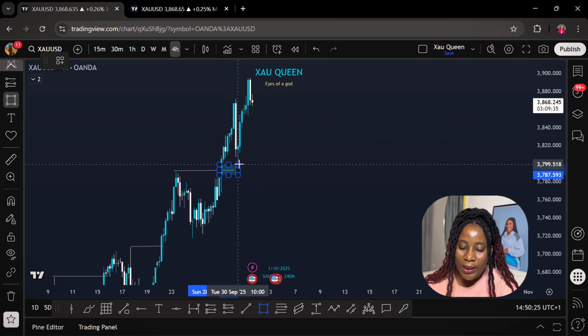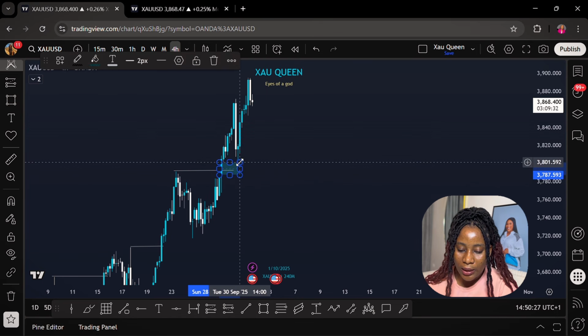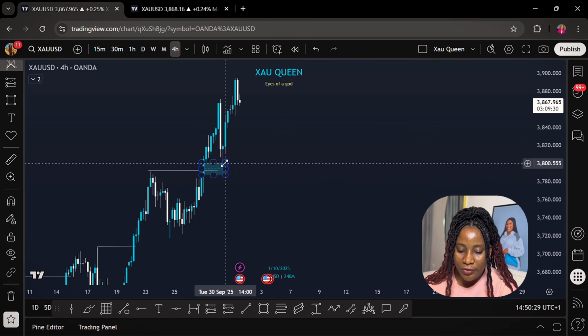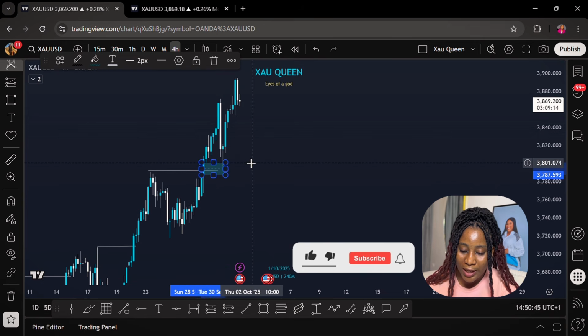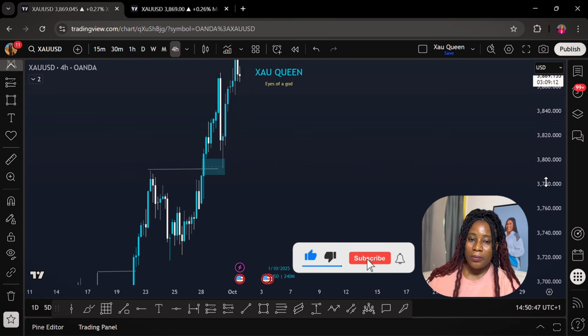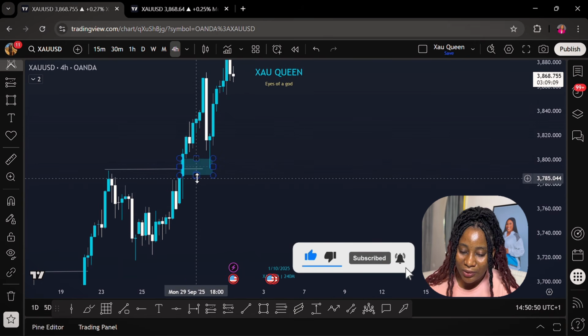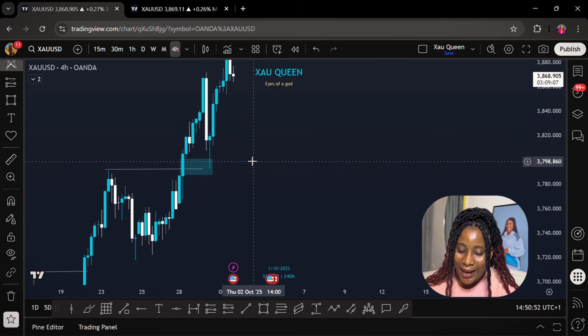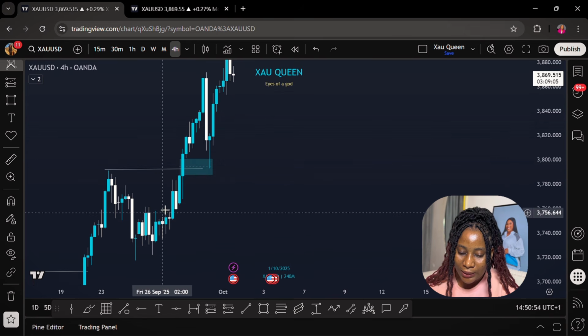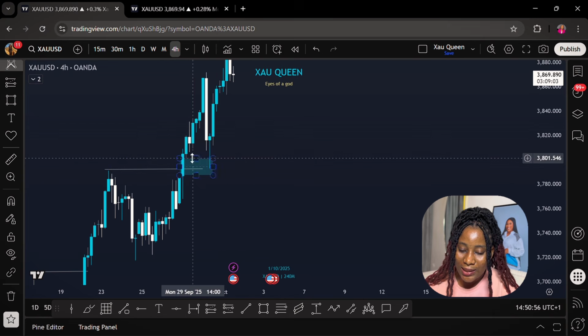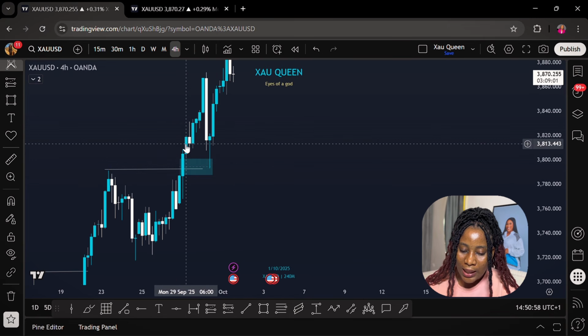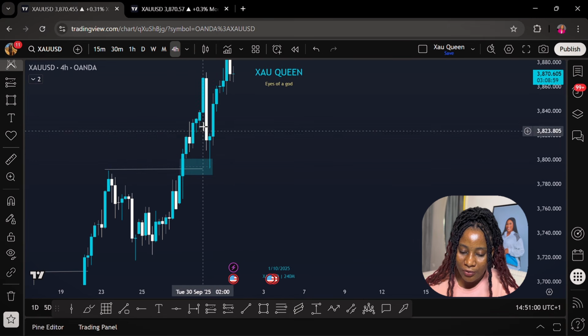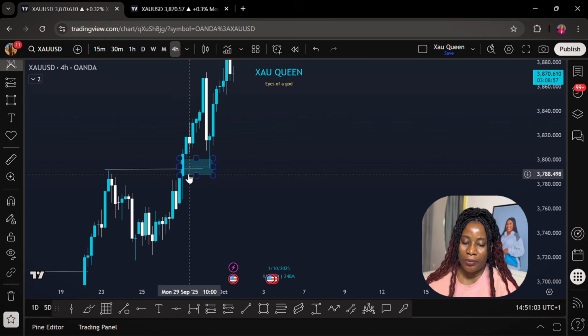What did I do? I then mark out my FVG, fair value gap. I mark this FVG out, knowing that price has a high tendency of reacting to this FVG. Why? It is at the former resistance, and along the run, this is the only FVG on this 4 hours.